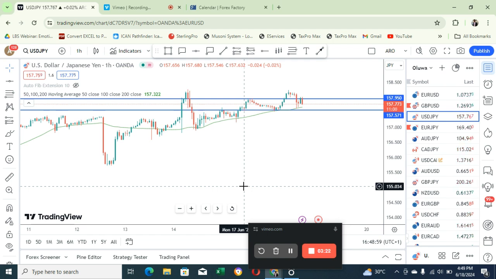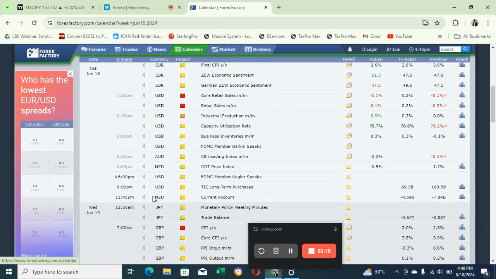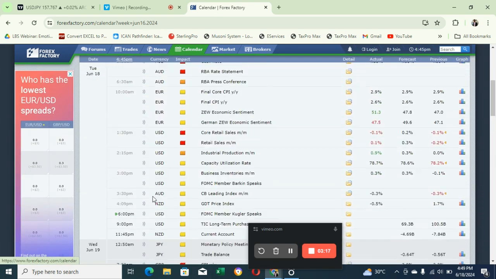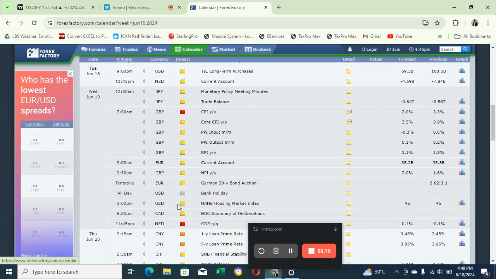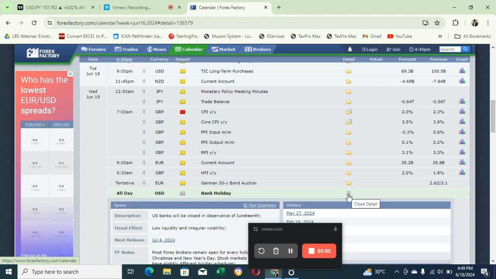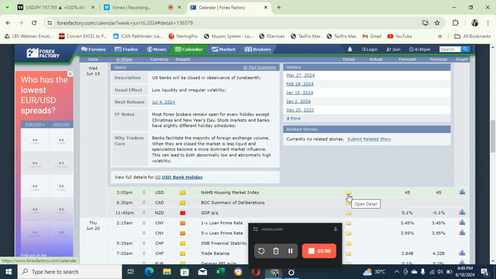Tomorrow we are going to do our analysis on this particular currency pair, USD/JPY. Let's check before I call it a day. Is there any news coming up from this pair tomorrow, Wednesday? There is no major news coming from the US-based currency because there is a holiday tomorrow in the US. Let me check the holiday. The market is going to have low liquidity and volatility tomorrow.